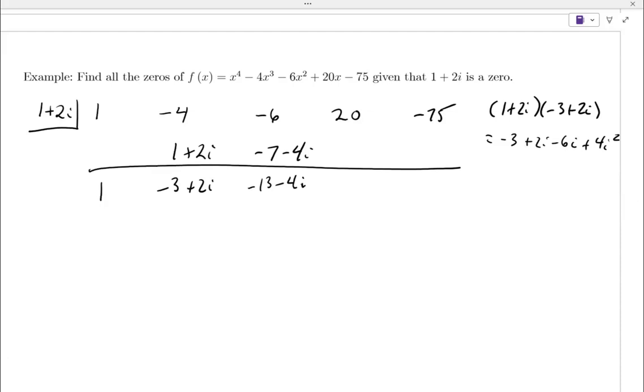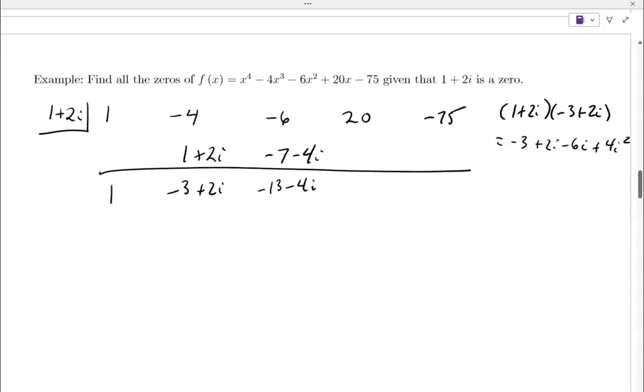So far, so good? Do it again. 1 times negative 13 is negative 13. 2i times negative 4i is negative 8i squared, which would be plus 8.